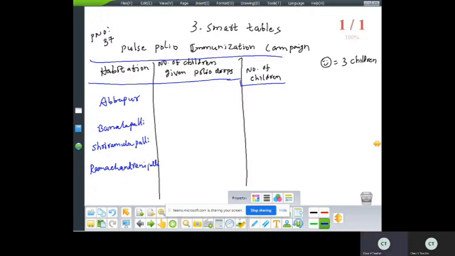See here, Abbapur, 3 faces are there. Banalapalli, 5 faces.